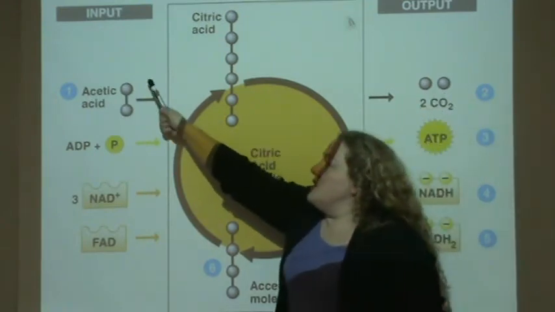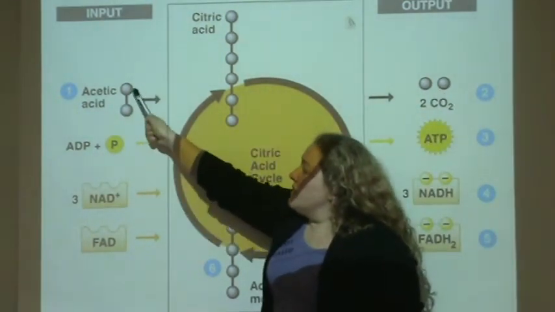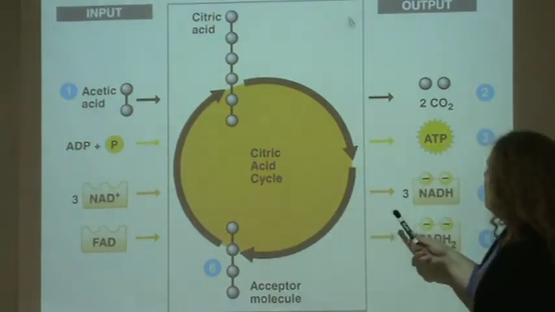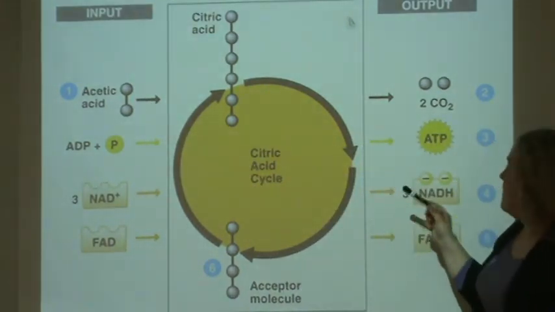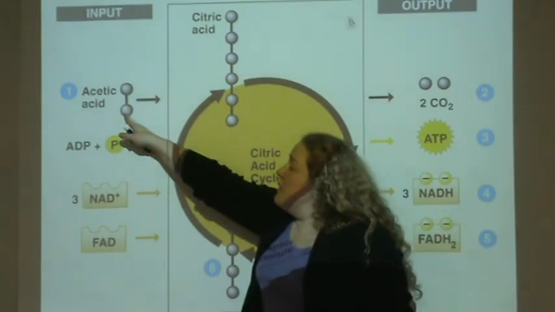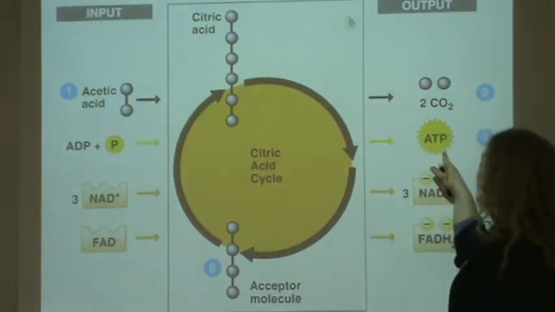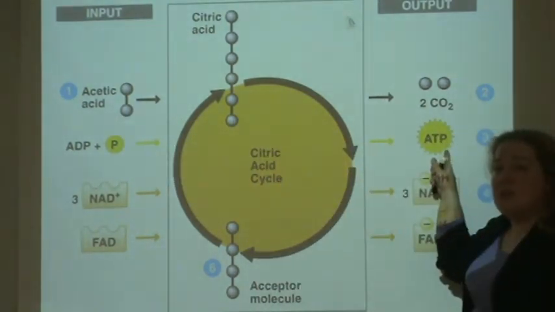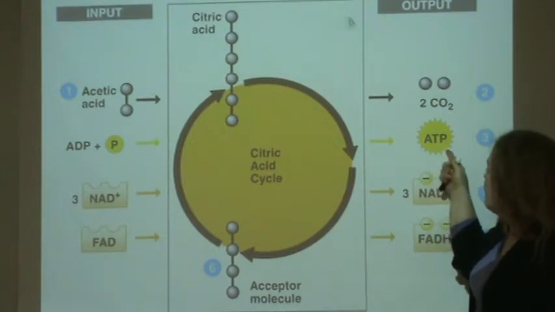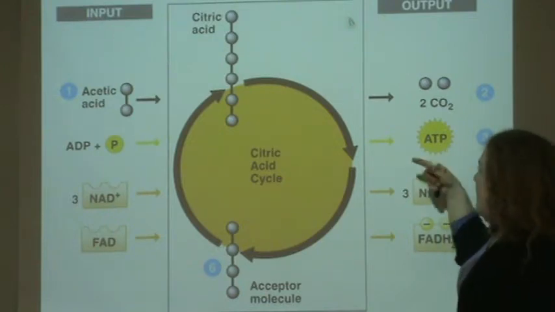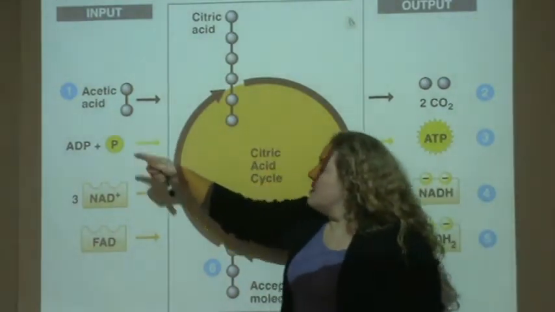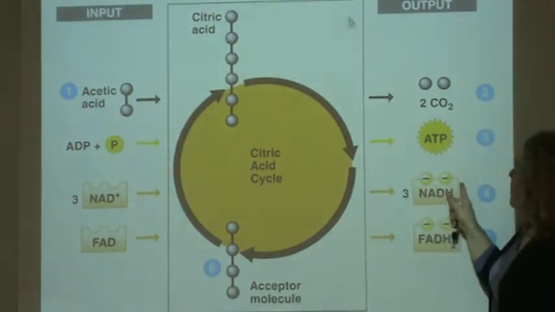The bond energies that were present in this acetic acid molecule, where does their energy go? So for this one acetic acid that came in, 1 ATP is produced, so that's good. That's what the cell wants. It wants some ATP energy. And also, for every acetic acid that comes in, we make more of these energized electron carriers.